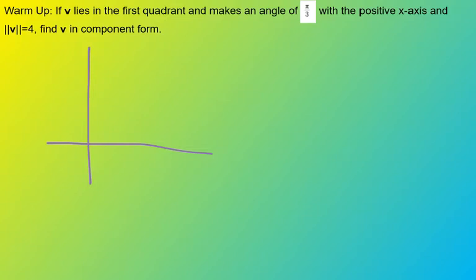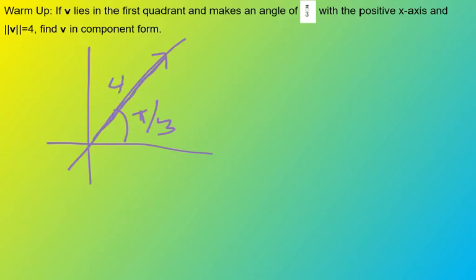So I'm going to say pi over 3 is something like that. That is pi over 3. And with the positive x-axis, so I know it's over there. And we also know that the magnitude of this vector is 4. So that means that this length is 4.